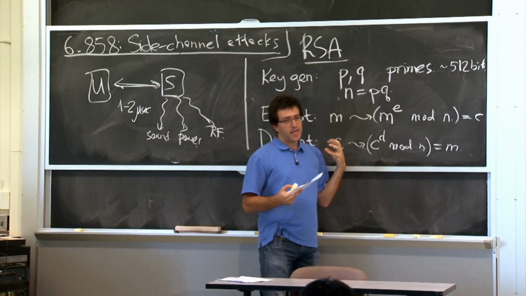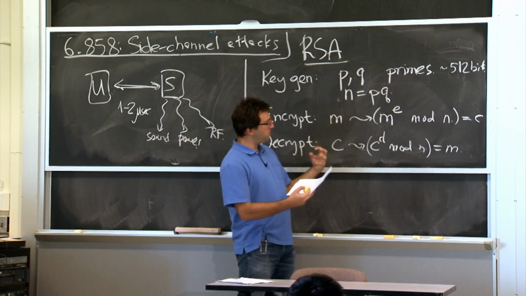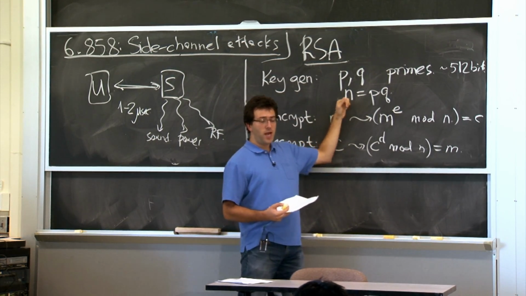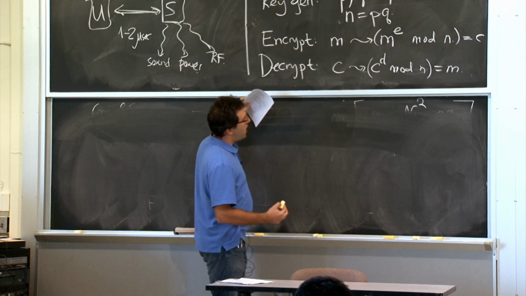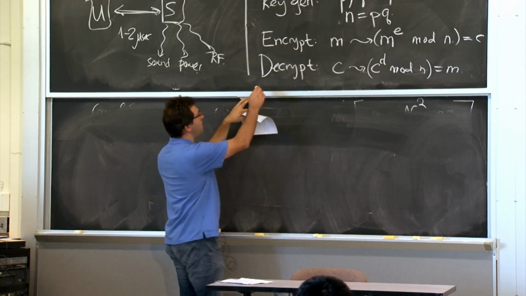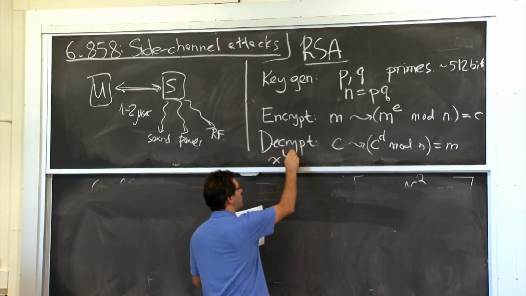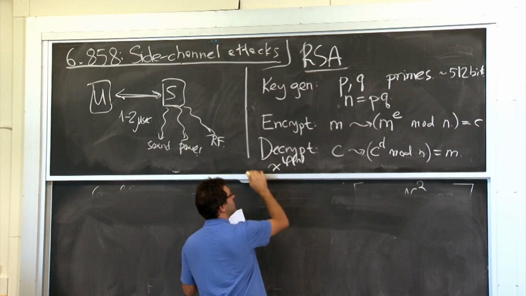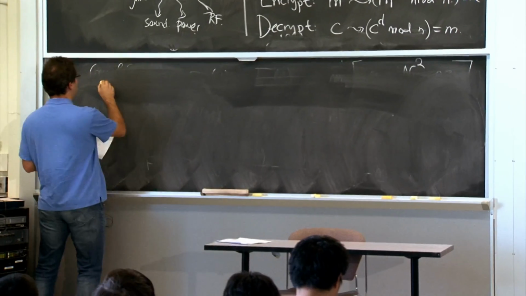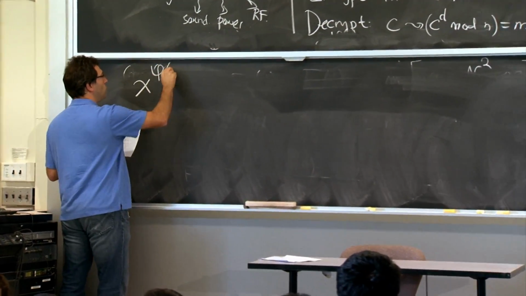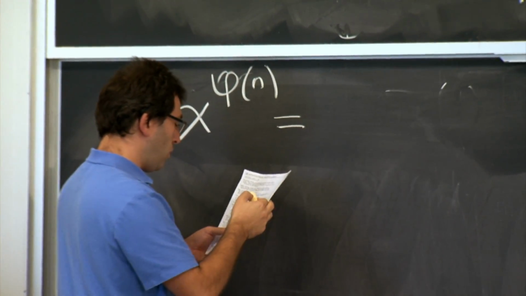But it turns out that if you look at how exponentiation and multiplication work modulo this number n, there's a cool property: if you take any number x and raise it to the Euler phi function of n, then this is going to be equal to 1 mod n.